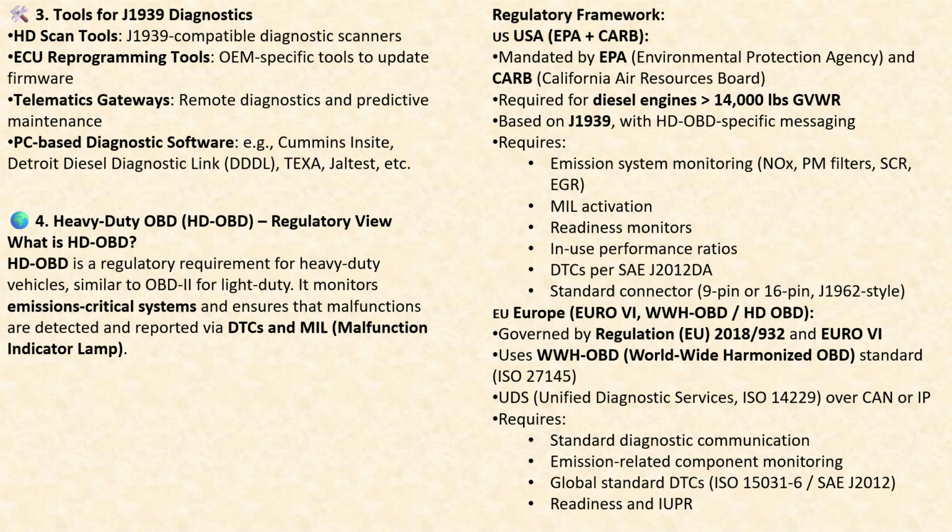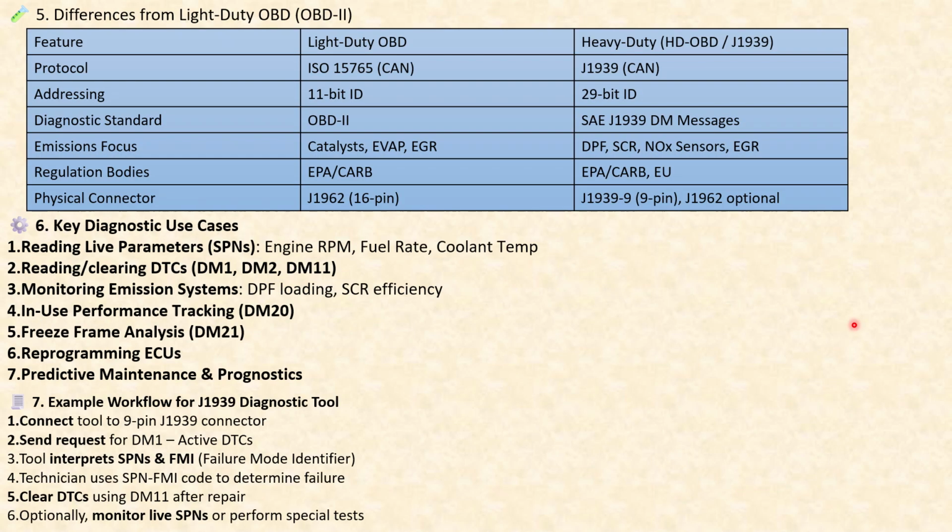All right. So to further proceed, what is the difference between light duty OBD and heavy duty OBD? When it comes to the protocol, for light duty OBD the protocol is ISO 15765, and for heavy duty it is J1939. But both are CAN based. But as I said, heavy duty is 29-bit and light duty is 11-bit ID.